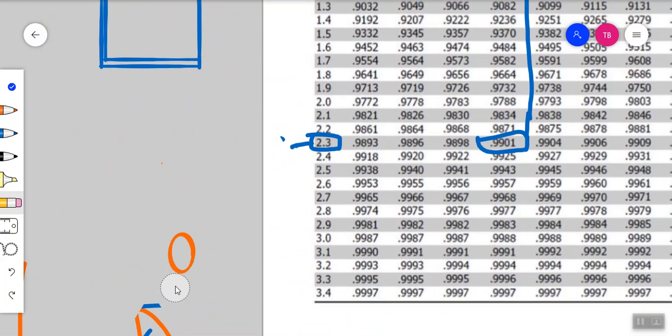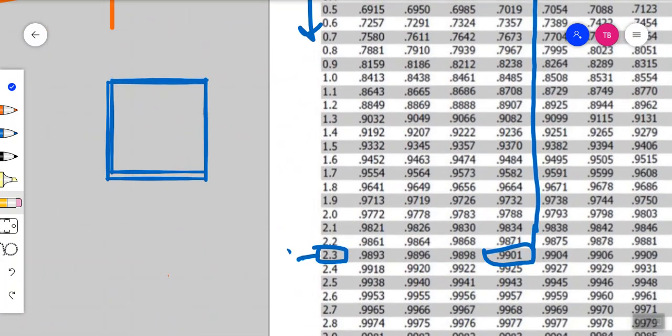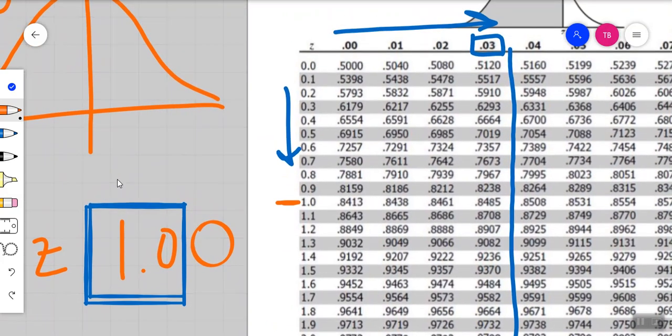Okay, so our z-score of 1.00, let's just use this box here. Z of 1.00. First we look up these first two. We see that right here. And then we go across to see where that second 0 is. In this case, it happens to be right here. So we see that our percentage would be 0.8413.